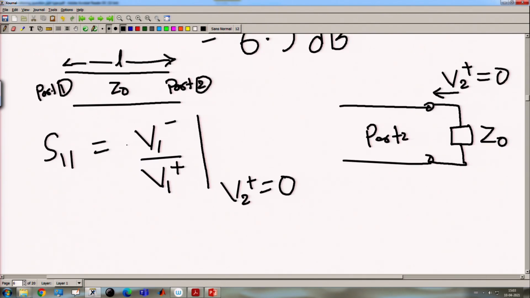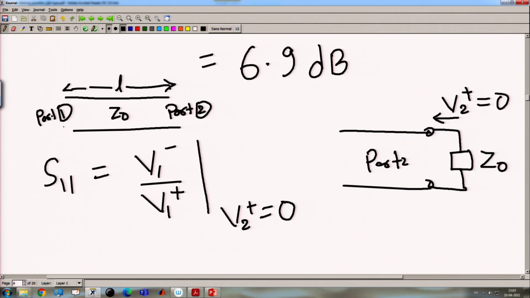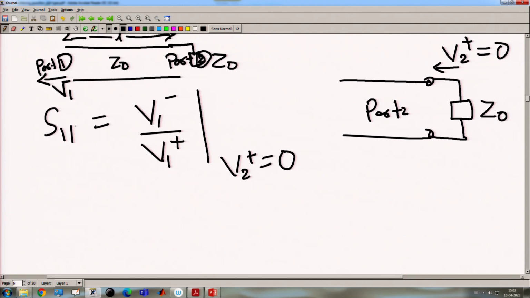That means there will be no reflected wave from port 1, because this is Z naught and here we have also connected Z naught. So V1 minus equals 0, that means S11 equals 0.